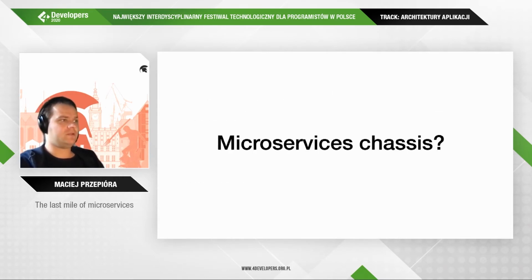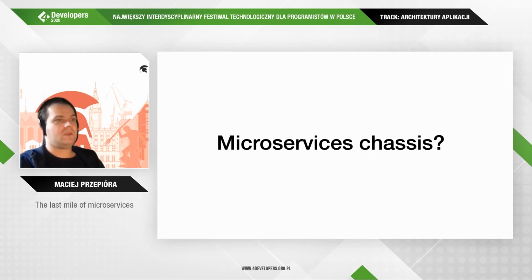Well, one thing is that you can use things like a microservices chassis for the Java world. That would be Spring Boot with starters, or Micronaut, or Helidon, something that you just use to provide all the required stuff, and things like connectivity, connecting to other services and so on.